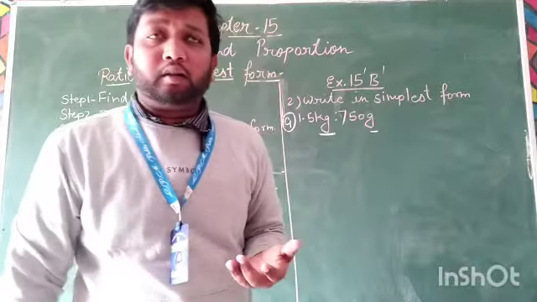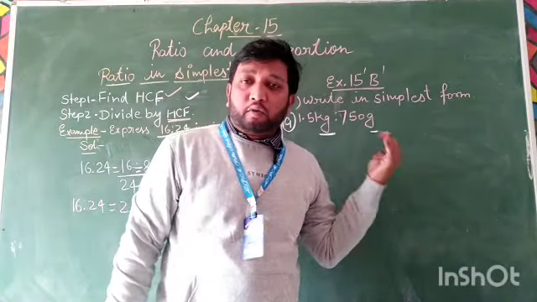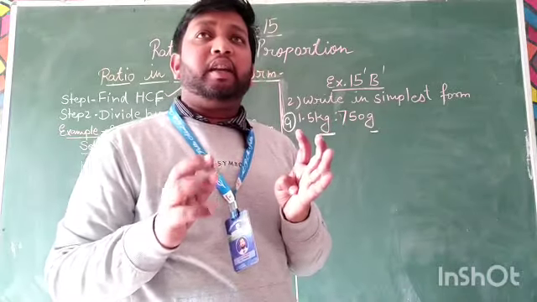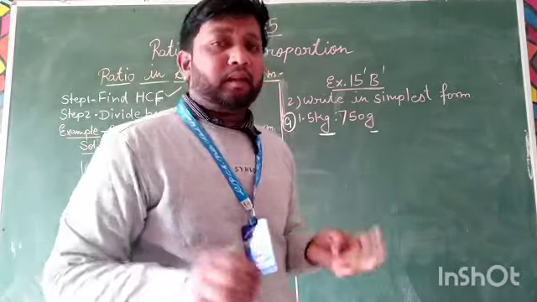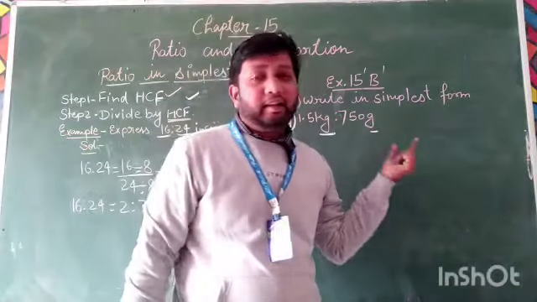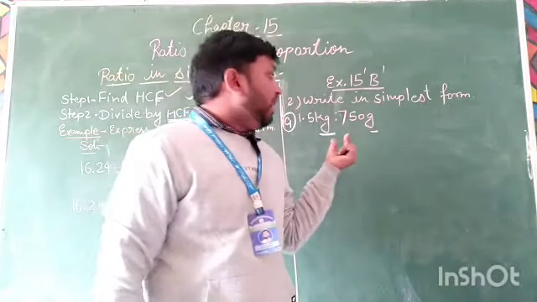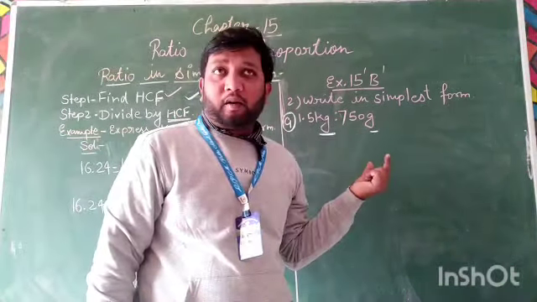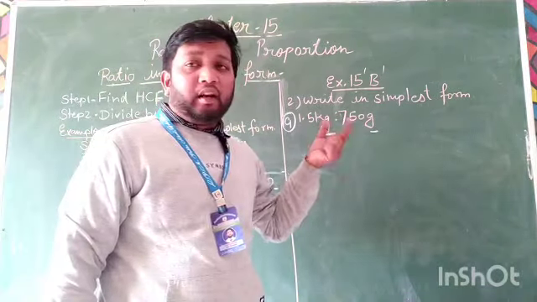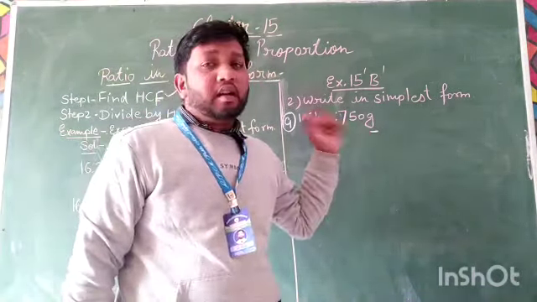But what we have learned is that to write this ratio, both the quantities must be in the same units. So we cannot write this in simplest form directly. First we convert kilogram into gram, or we convert gram into kilogram.